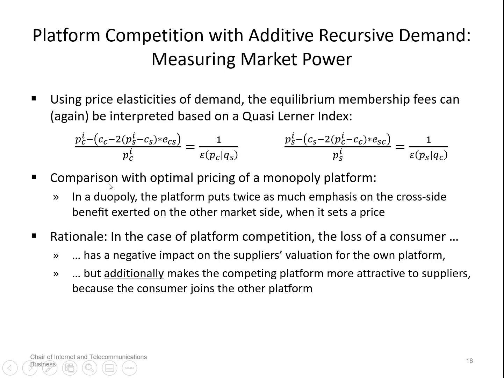Comparing with the optimal pricing of a monopoly platform, in duopoly the platform puts twice as much emphasis on the cross-side benefits exerted on the other side when it sets a price. The rationale is as follows. In the case of platform competition, the loss of a consumer has a negative impact on the supplier's valuation of its own platform, but additionally also makes the competing platform more attractive to suppliers because the consumer joins the other platform.